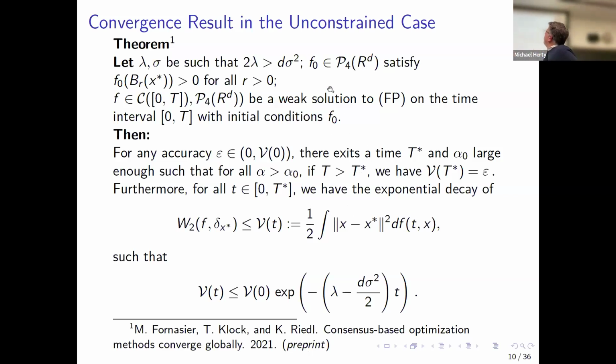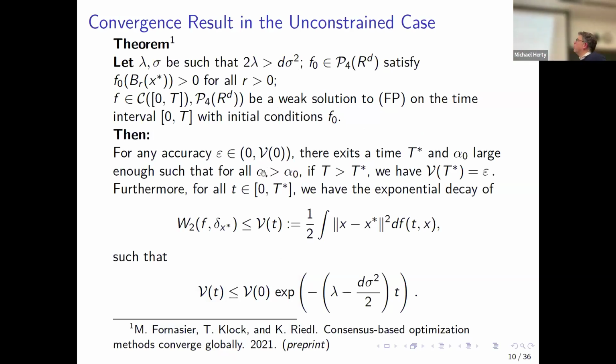The second assumption, which is missing here, is that the alpha should be sufficiently large. Sorry, I don't know why I didn't put it, but it's here: for all alpha larger than alpha 0. So as a mathematical algorithm it is quite nice because it gives you real convergence of a particle method with not too many parameters to choose.